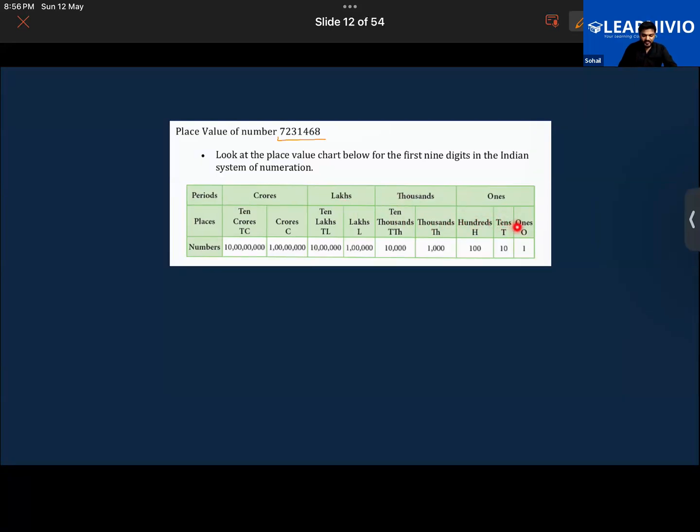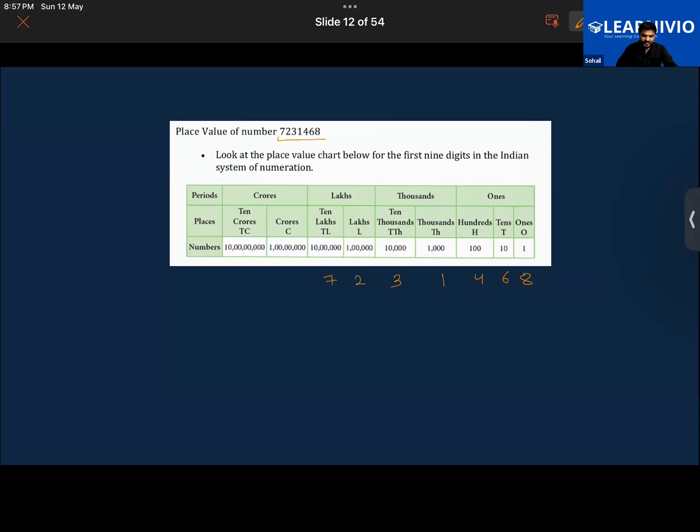Here you have arranged the place values like this: 1, 10, 100, up to 10 crore. So you can fit the number in these different boxes. For example, write the number in this manner: 8, 6, 4, then 1, then 3, 2, and 7.